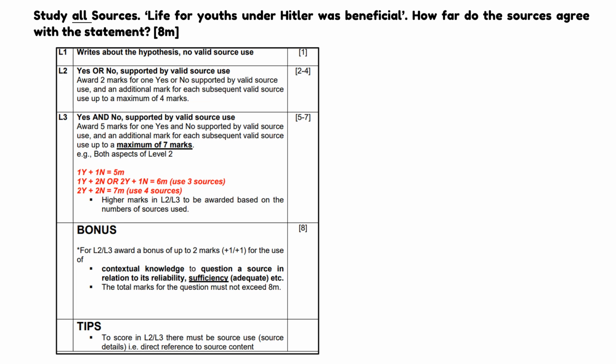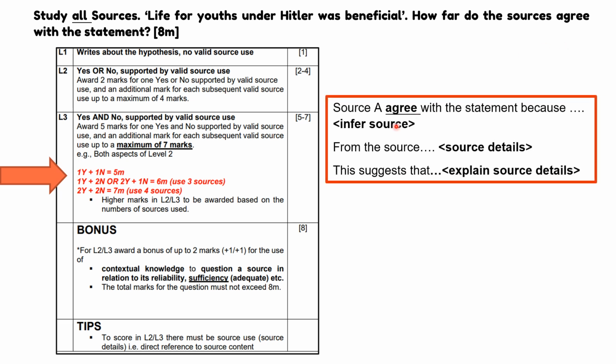All right, let's begin by unpacking how we write our answers for testing assertion questions, and we are focusing on level 3, which is the one yes, one no. First things first, of course, you have to answer the question. You infer why source A would agree with that particular statement.